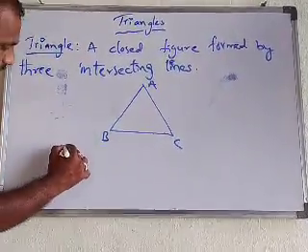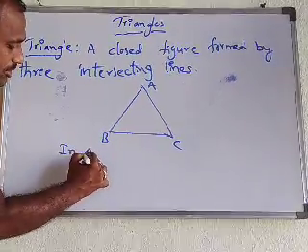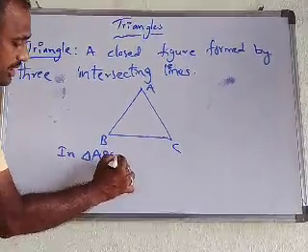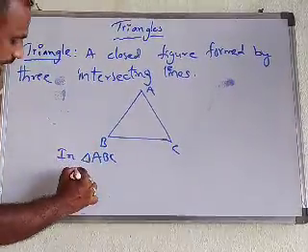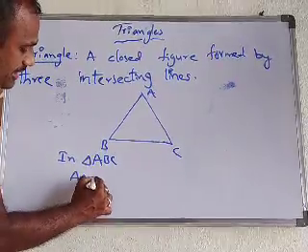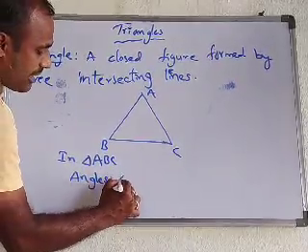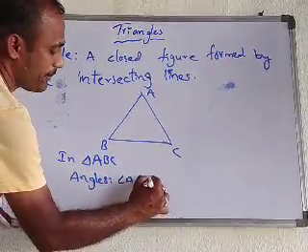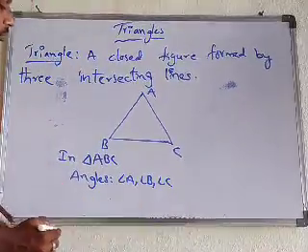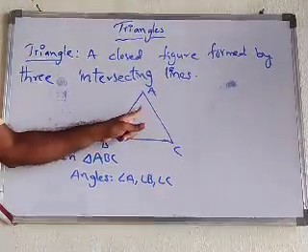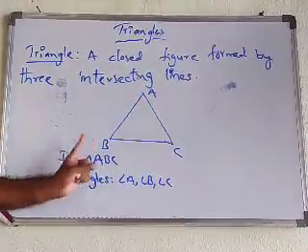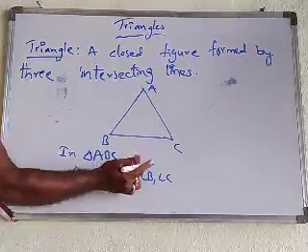So in triangle ABC, already we know the basics. In triangle ABC, we have three sides, three angles and three vertices. Angles are angle A, angle B, angle C. We can define angles of a triangle by using either one letter or by three letters. I am defining by one letter.